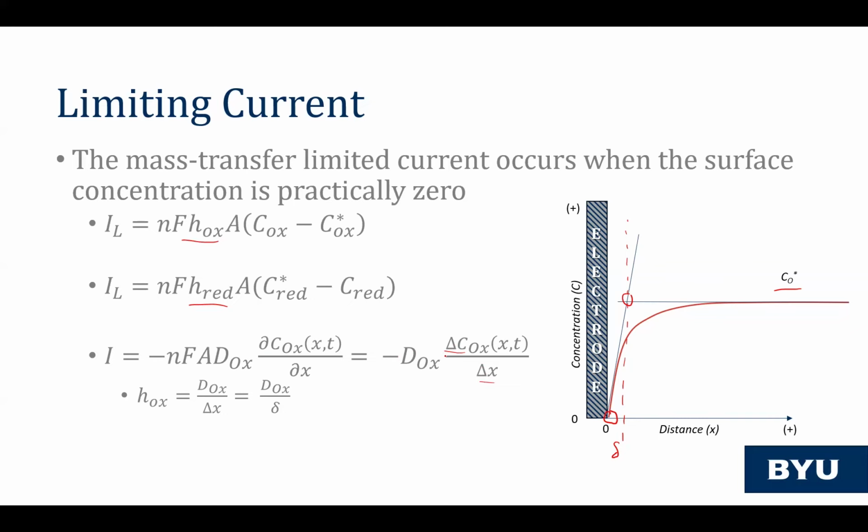And if I group my diffusion coefficient and my delta x together, then I get my mass transfer coefficient, where our delta represents our change in distance over the diffusion layer thickness. And so we have our steepest and strongest gradient when our concentration at the surface is 0 for each of these. So this will represent our limiting cathodic current and our limiting anodic current that we can experience at either the anode and cathode.